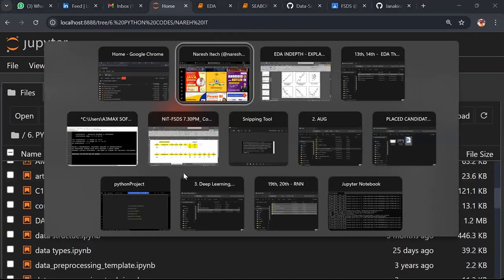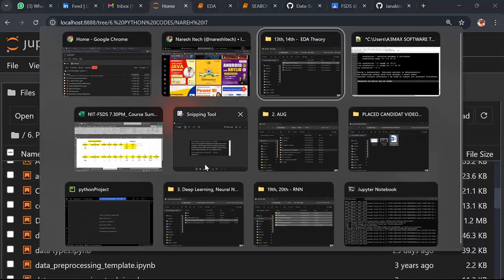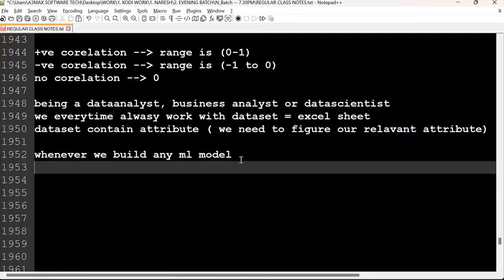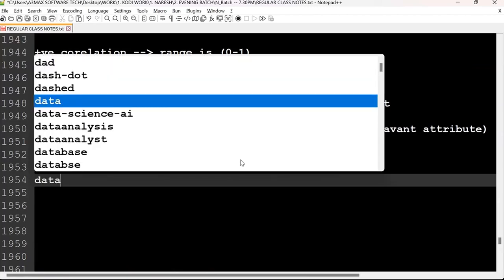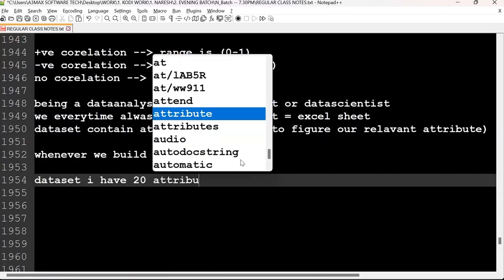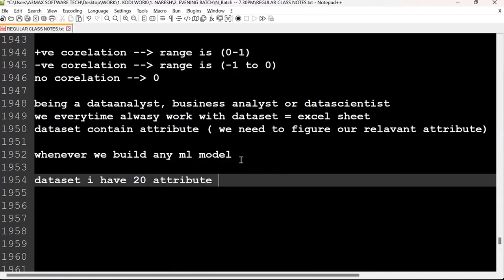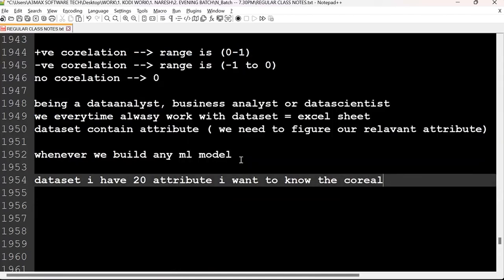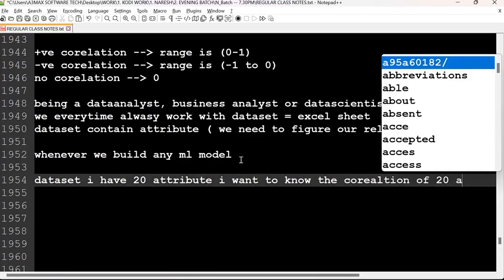Today I'm going to explain two projects because practical is very important, guys. Assume in the data set I have 20 attributes and I want to know the correlation of the 20 attributes.